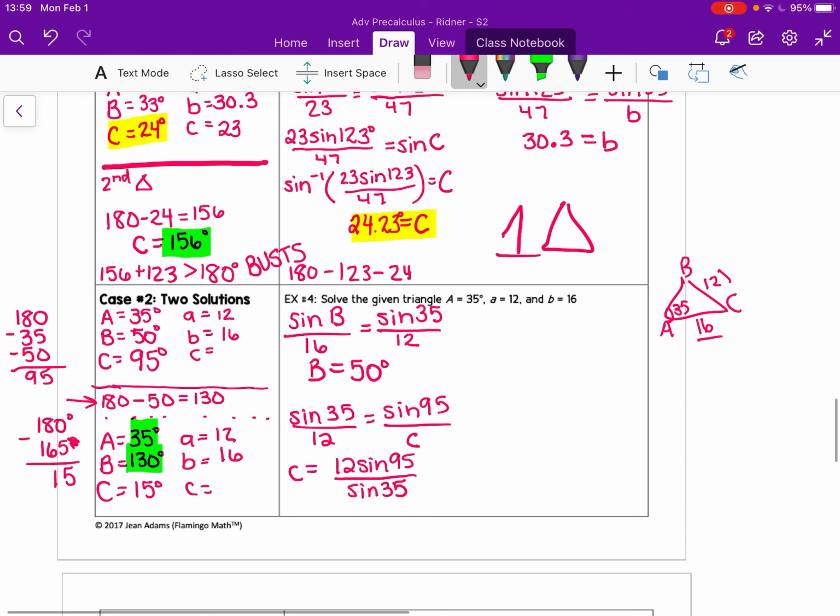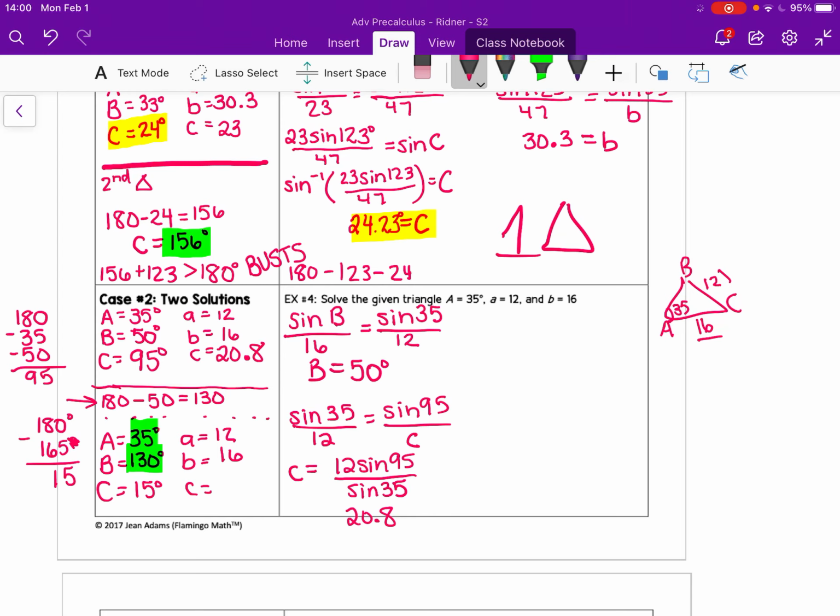Skipped a couple of steps there, so if you need to pause and try it yourself, go right ahead. I do go over how to solve these step by step, slower, in the previous video of law of sines, so if you have not watched that or need to watch it again, please go back. All right, so let's see, c is 20.8 in this one.